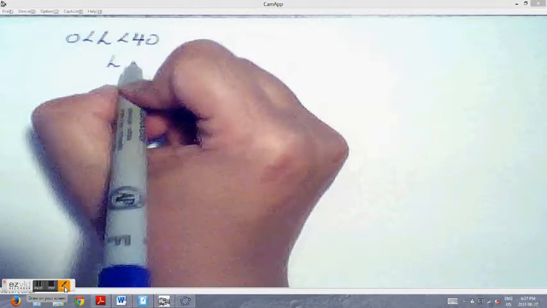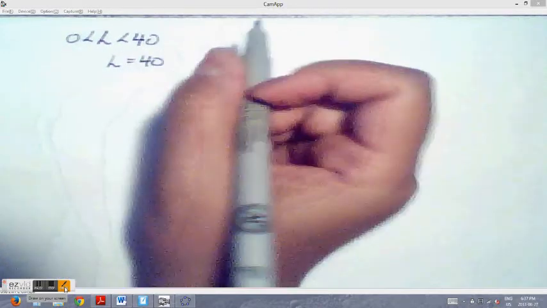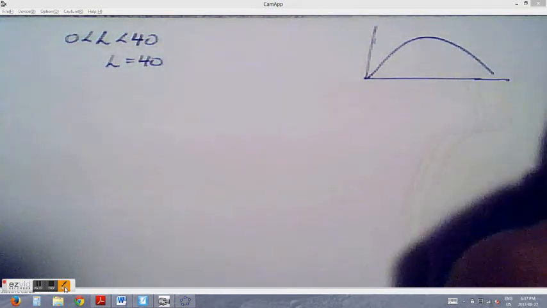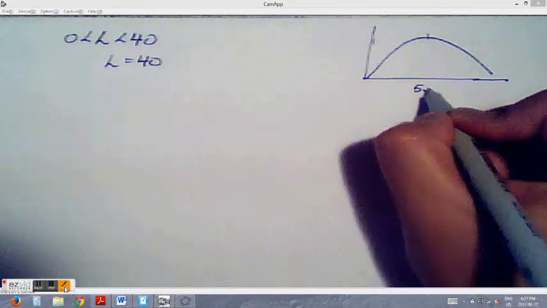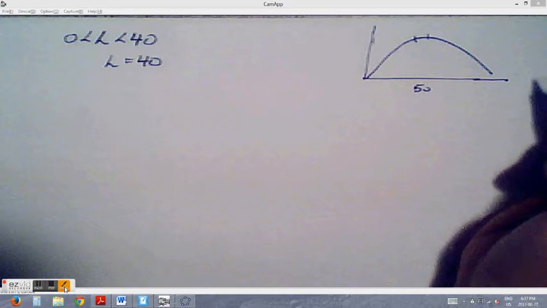So what we need to do now is take the length equal to 40, which is one of the endpoints of our function. If you really wanted to see what this looks like, it's going to be a parabola. So we want to take a look at the endpoint. If this was 50, 40 is going to be somewhere over here.